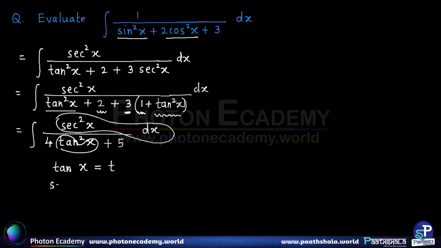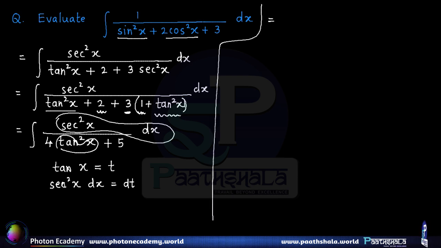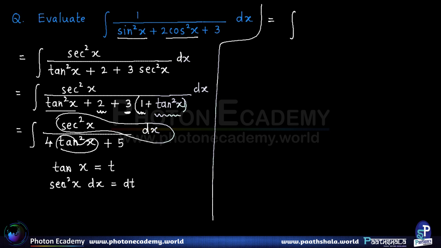So using the substitution method, we know that sec square x dx is equal to dt, right? So on doing that, what we get is the integral of 1 upon 4 t square plus 5 times dt.